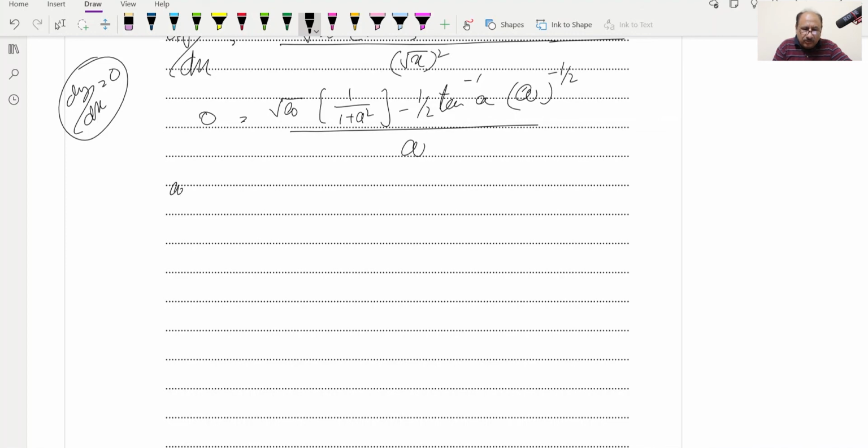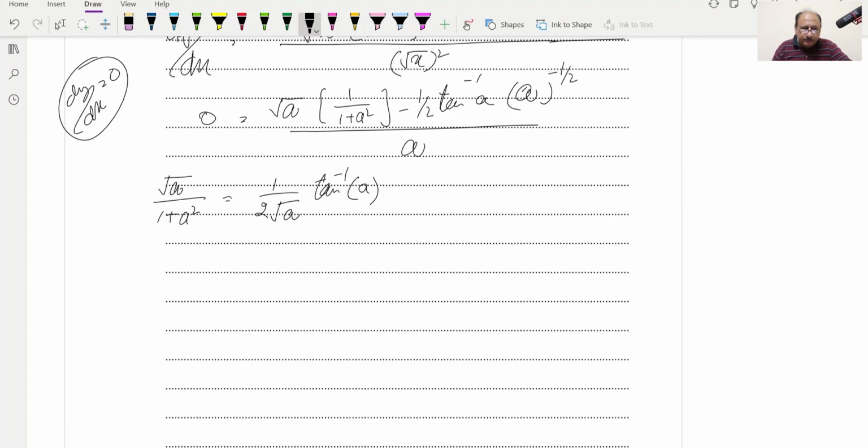The remaining equation will be, I'll write this a properly, and a under root over 1 plus a squared, and this is equal to 1 over 2, and this one we can write a under root, and this is tan inverse of a.